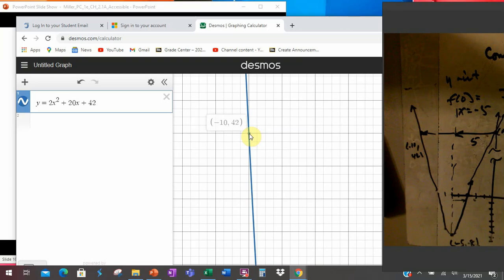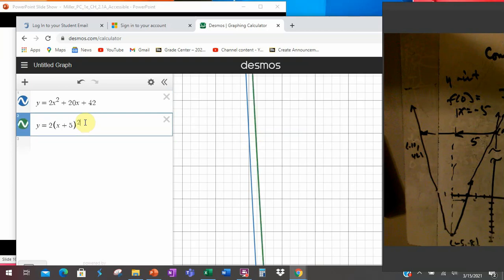The -10, 42. So if I graph that alternate form, here's our vertex form: 2 times x plus 5 squared plus 42, sorry, that was now -8.